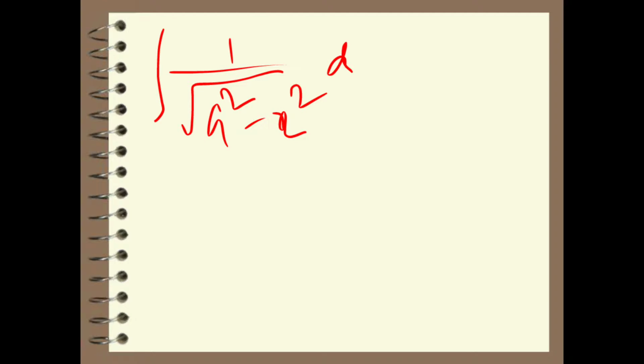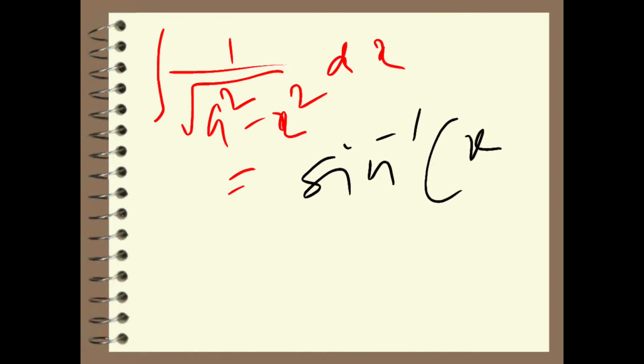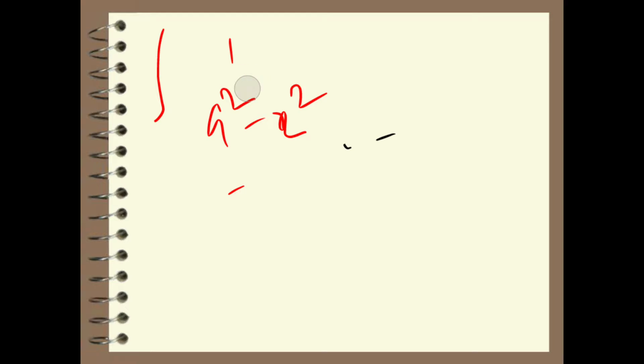So as we know the first two formulae, integration of 1 by root a square minus x square into dx equals sine inverse x by a plus c. Already we did some problems on this.